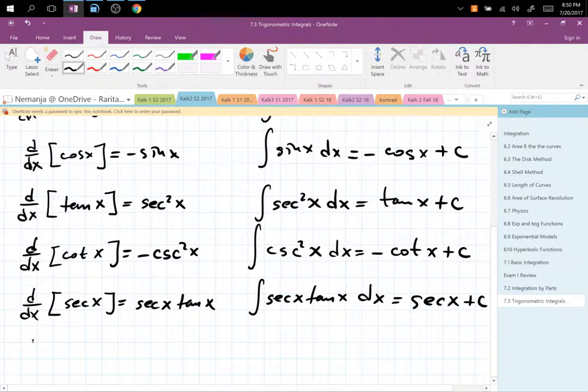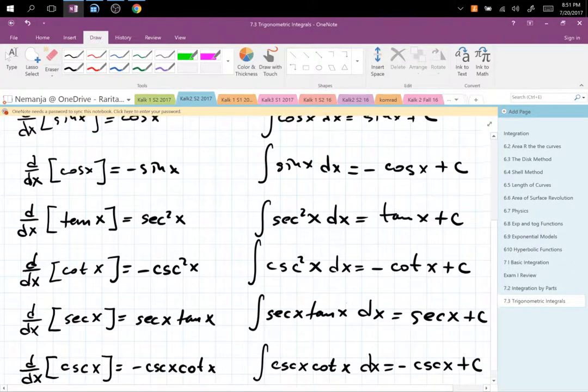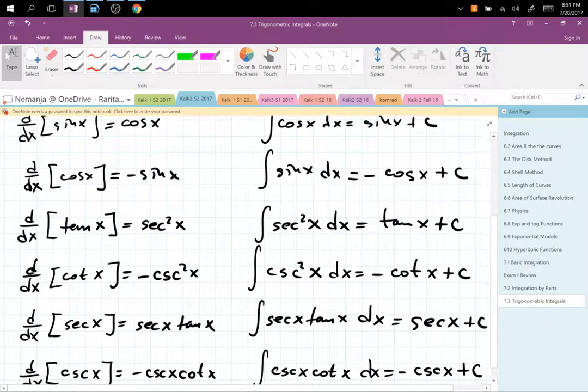The last line, the derivative of cosecant x is negative cosecant x cotangent x, and the integral of cosecant x cotangent x dx is negative cosecant x plus c. Try to fit them all on the same page.